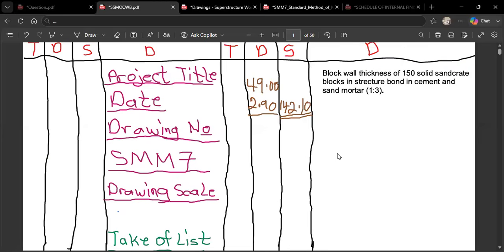So that is it. So we are coming to deduct the windows, because we just want the block itself.